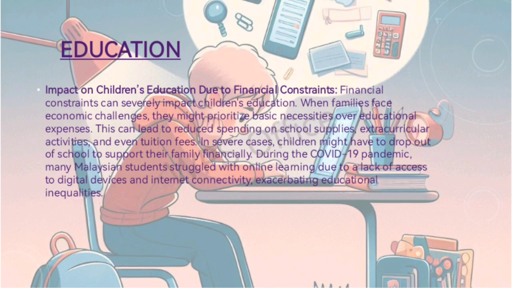Inflation also impacts investment and retirement plans. When inflation rates are high, the real returns on savings and fixed income investments like bonds decrease. For example, if a savings account offers a 3% interest rate but the inflation rate is 4%, the real return on those savings is negative, effectively eroding the value of the saved money over time.